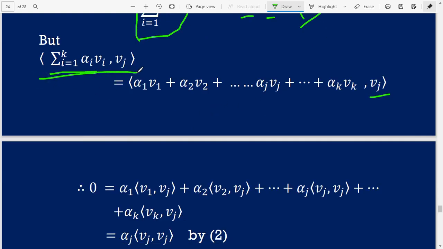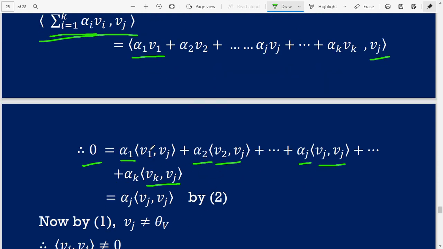So this equals alpha_1 times the inner product V1 with Vj, taking alpha_1 common, plus alpha_2 times the inner product V2 with Vj, plus up to alpha_j times the inner product Vj with Vj, plus up to alpha_k times the inner product Vk with Vj.